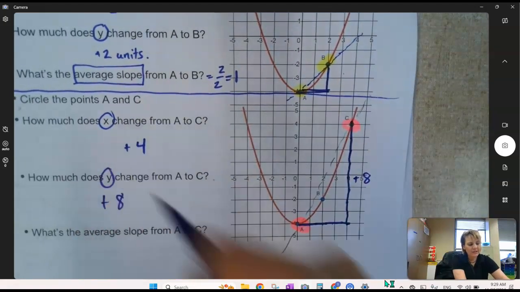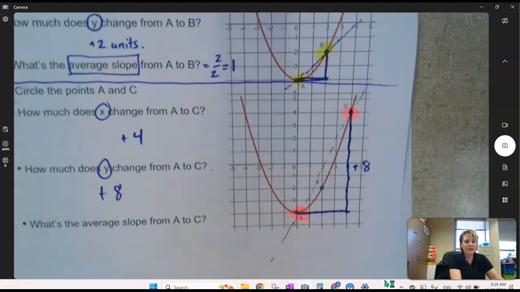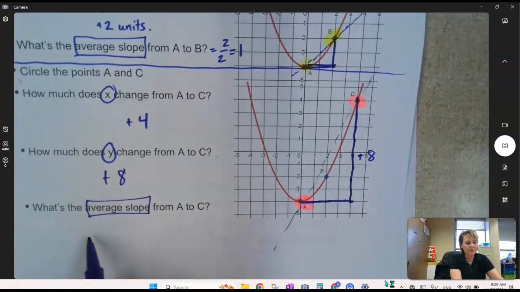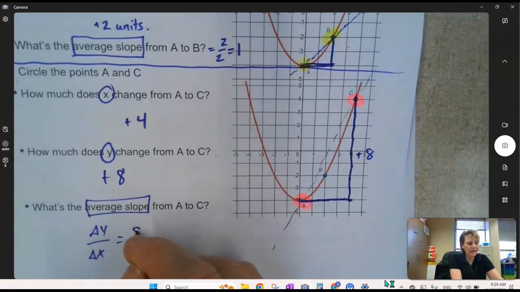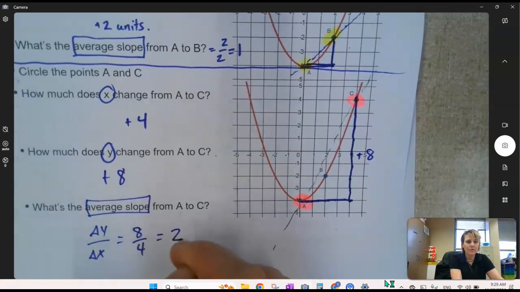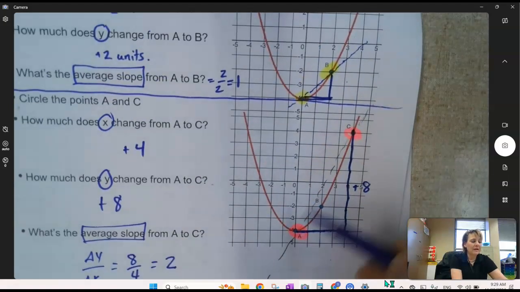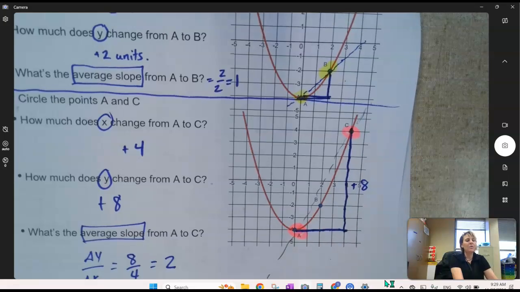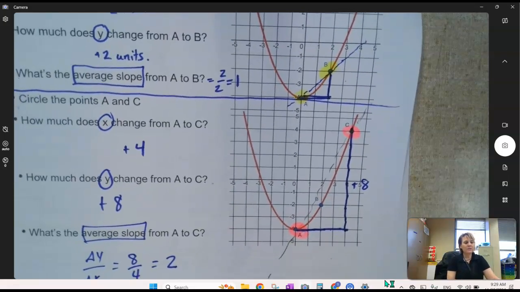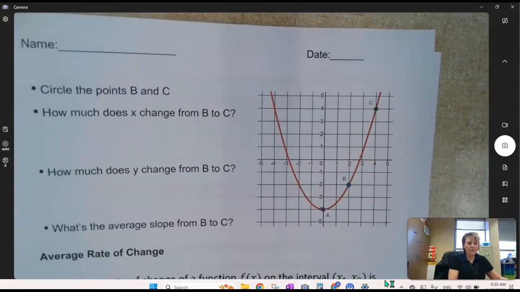So the y changes 8 units positive. The average slope, again, we're doing the delta y over the delta x. So 8 over 4 is 2. And we can see, again, the points that I choose make a difference in how the slope is now that I'm doing this function.